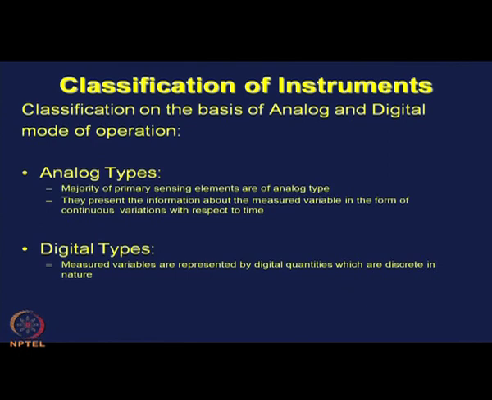We can also classify the instruments on the basis of analog and digital mode of operation. If the instrument follows analog mode of operation, we call the instruments as analog types instruments, or if the instrument follows digital mode of operation, we call those as digital types instruments.